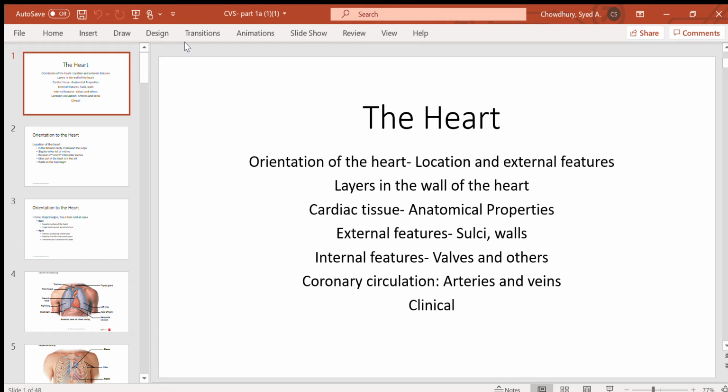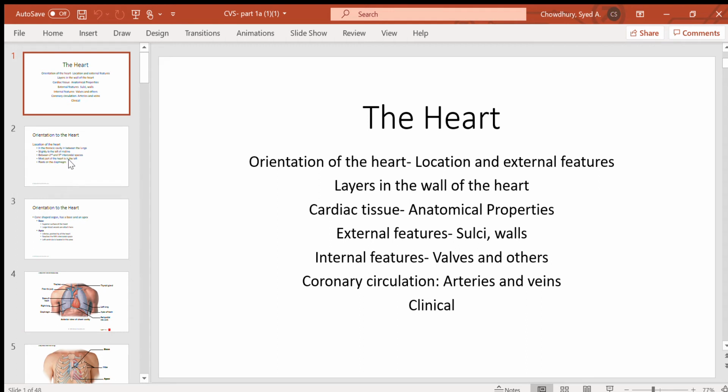So, heart itself has its own blood vessels, arteries and veins. Those are to provide oxygen and nutrients to the heart muscle tissue, and take the carbon dioxide and metabolic wastes out. Then we'll talk about a few clinical conditions.